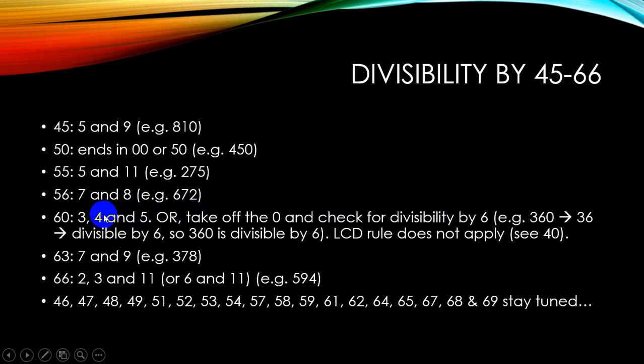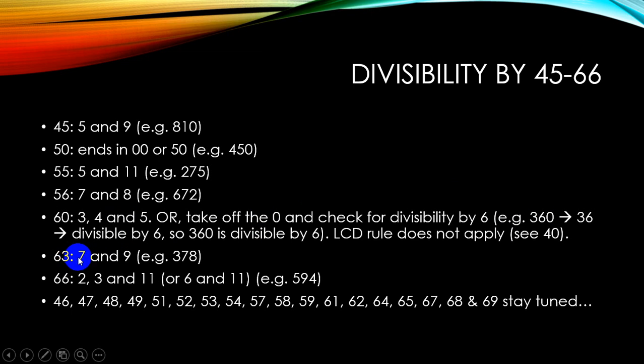So obviously it would have to end in 0, and then, so 360, take off the 0 just like we did with 40, you get 36, and 36 is of course 6 times 6 or 6 squared. And again, just like in 40, since we created a new number, that LCD rule does not apply. So check for divisibility by 3, 4, and 5, and 360 was your example.